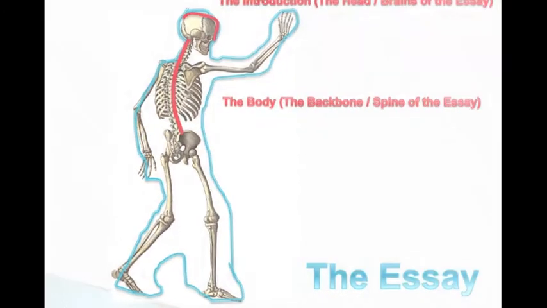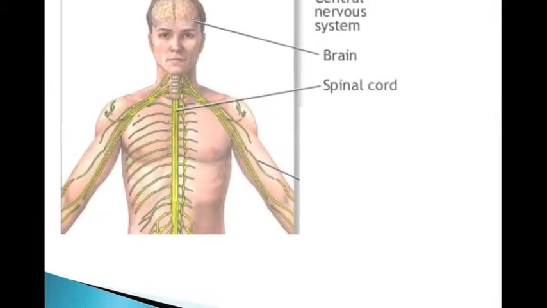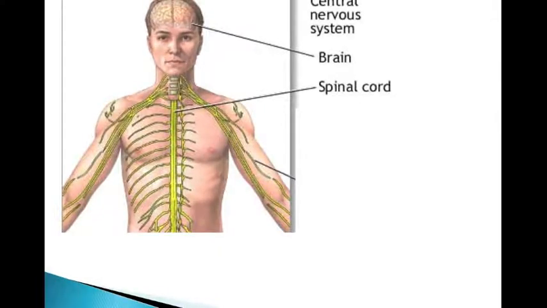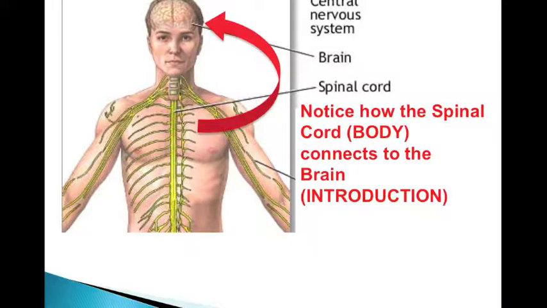Now, of course, the skeleton is only part of this system. Another way to think about it is thinking about what's inside the backbone itself, what's being protected by it, and that's what we call the spinal cord. So I want you to think, for example, how the spinal cord, which again is kind of like the body, connects to the brain. The brain gives us the signals and impulses to move our body around and basically gives orders to the rest of the body.